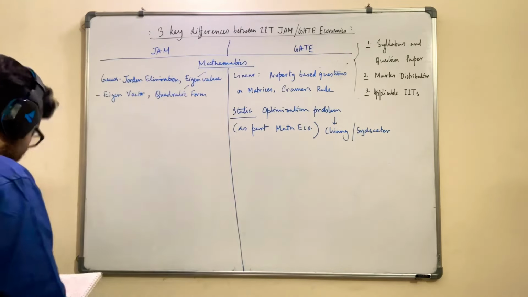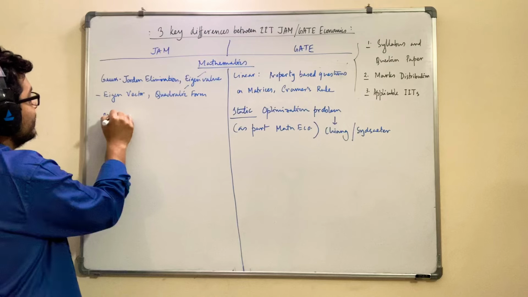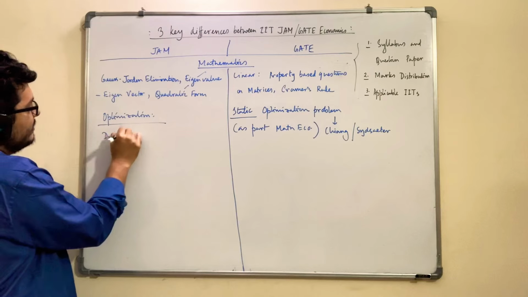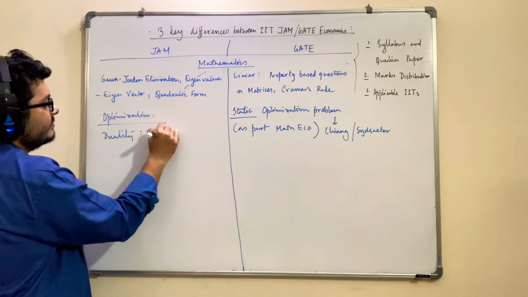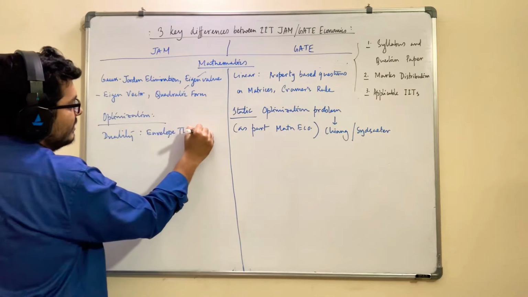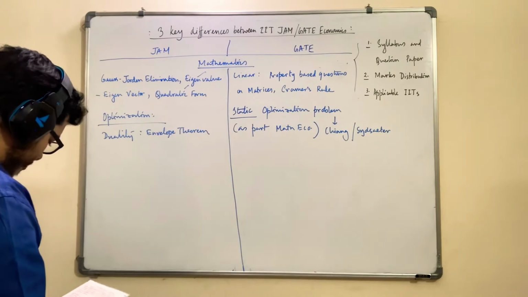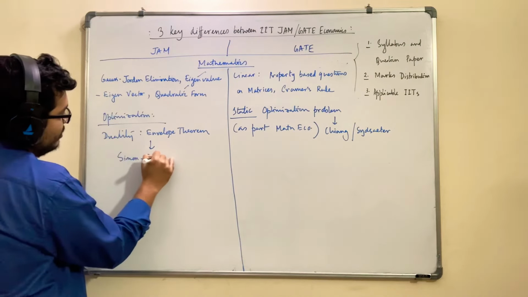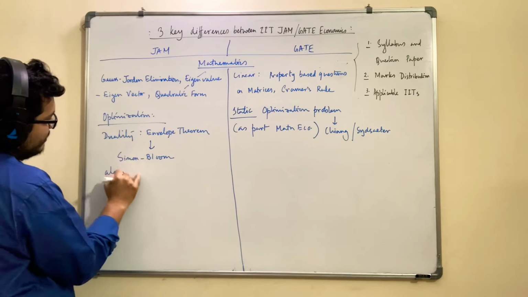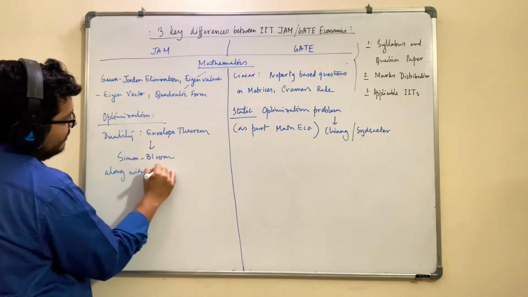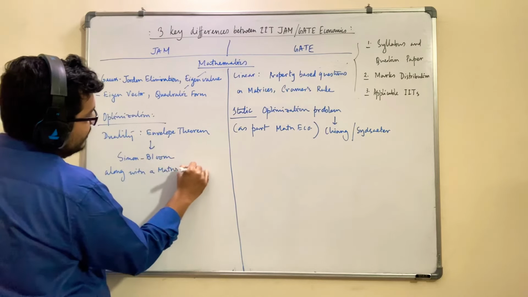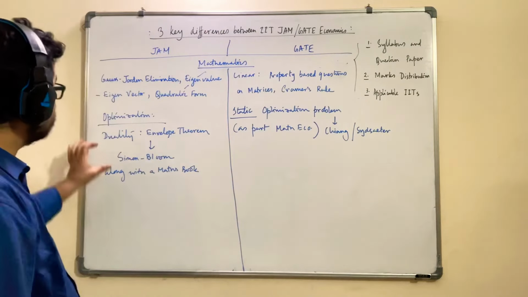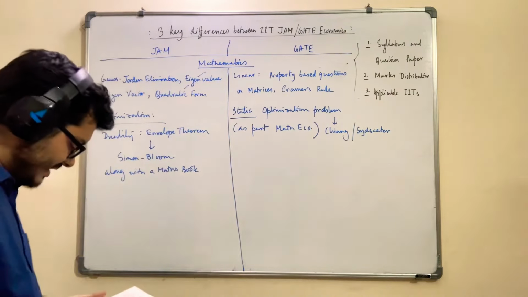But here in optimization, the biggest difference is duality. So you have this envelope theorem and other things, right? So here the standard is Simon and Blume along with a proper maths book. So being limited to only mathematical economics books is definitely not good enough. Also the syllabus is bigger. There is no mention of duality.